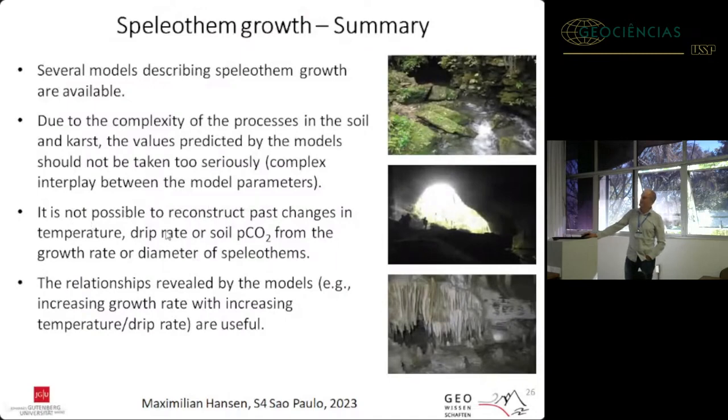It's not possible to reconstruct past changes like temperature, drip rate, or soil PCO2 just from the growth rate and the diameter of the speleothem. However, these relationships revealed by the models, for example, the increasing growth rate with increasing temperature and drip rate, could still be useful in combination with all the different kinds of proxies we have.